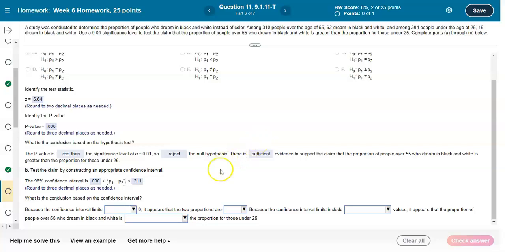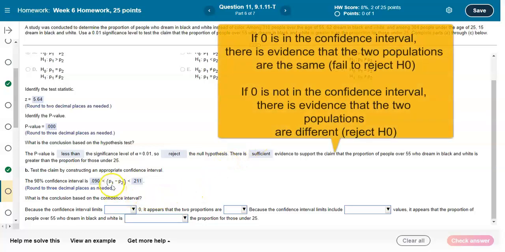So what we're looking for here is whether or not the value of 0 is contained in this interval. In this case, it's not. The lower end of the interval is 0.09, which is a positive number, and the upper limit is 0.211, which is also a positive number. So if I'm going from a positive number to a positive number, then 0 is not in the middle of these two.